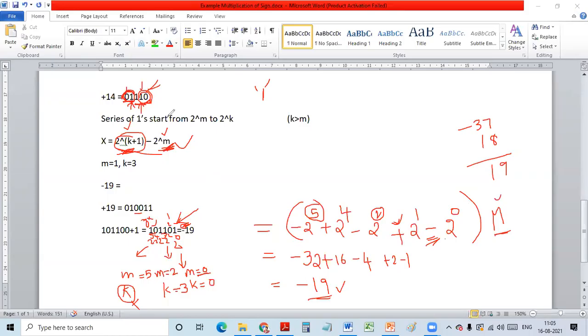Right? So if the present inspecting bit is 1 and the previous inspecting bit is 0, this is the present bit and this is the previous bit. Let us take this as q1 plus 1. Okay. If we have a term as 1 0, what you have to do? 1 0 leads to the m term, so you have to perform the subtraction operation.